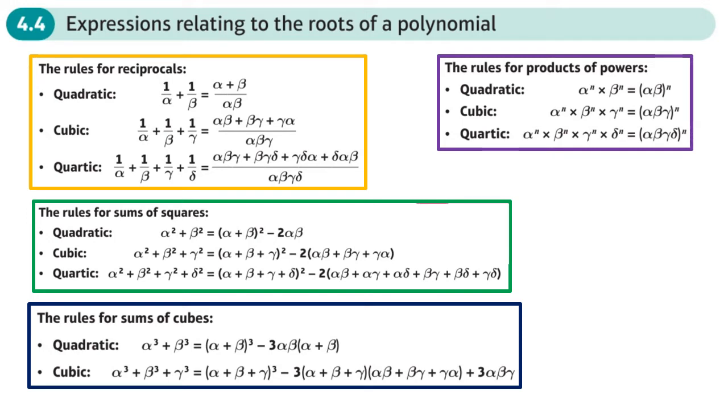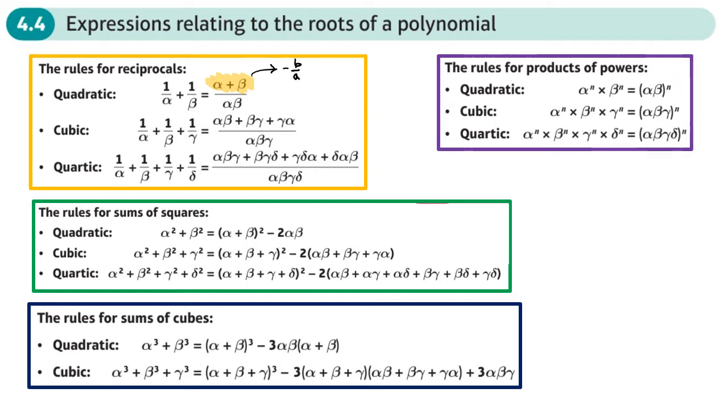Now why might these be useful? Well, it's probably about some of the things that we may recognize that we may see somewhere else. So for example, this alpha plus beta turns up in the roots of a quadratic equation. It's the negative b over a part.